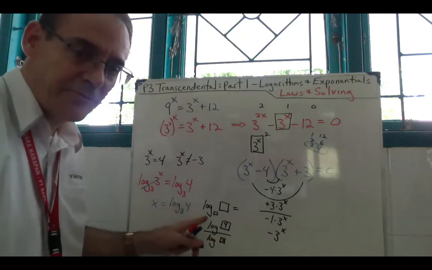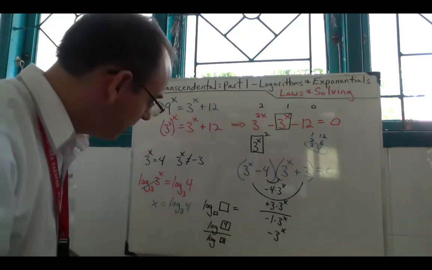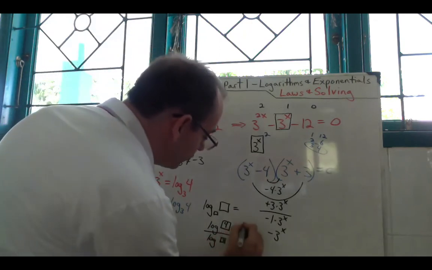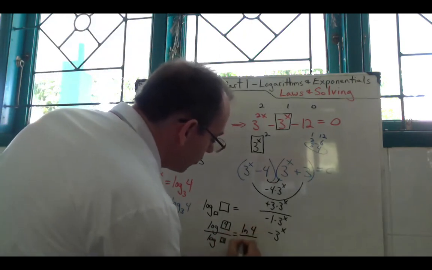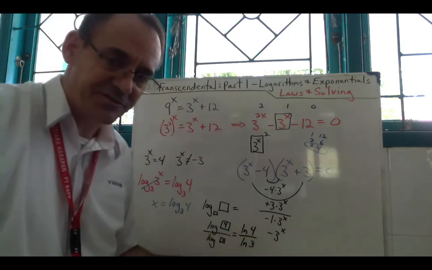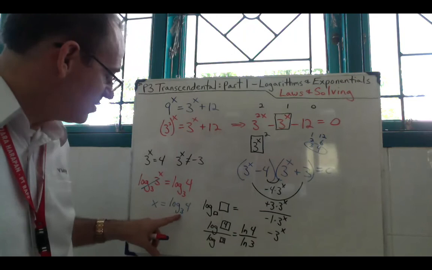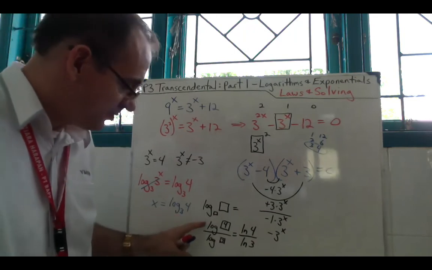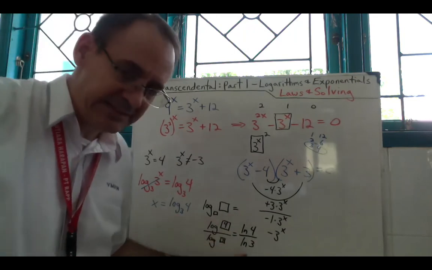So it'd be log 4 over log 3. And you can also use ln 4 over ln 3. So this is called a change of base. You're changing it from base 3 into either base 10 or base e.